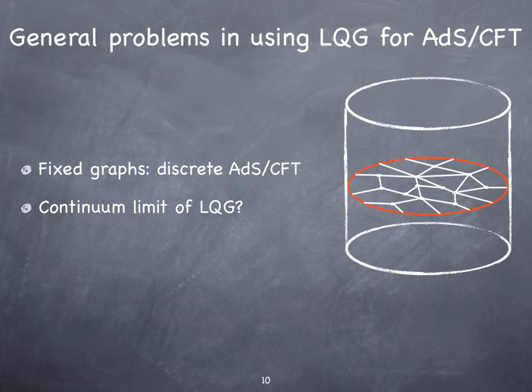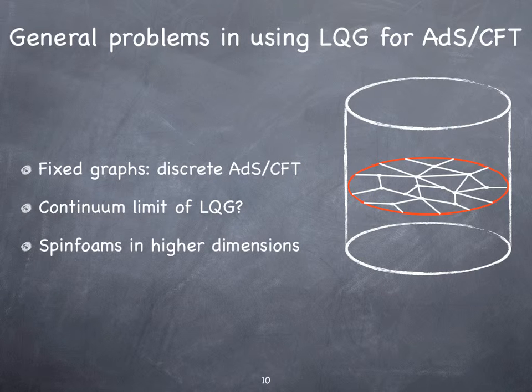This then raises the question of how to bridge to the usual formulation of AdS/CFT. This would require taking some continuum limit in loop quantum gravity. This is the main construction side of the theory, and this is not known. Therefore, we have to leave this question open so far, and we should first focus on this discrete version of AdS/CFT that we may construct.